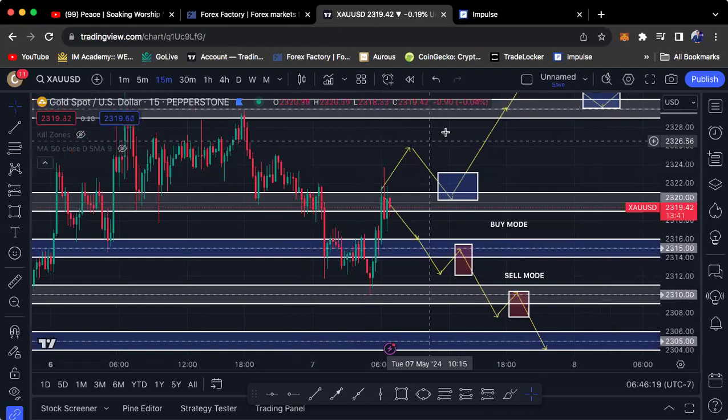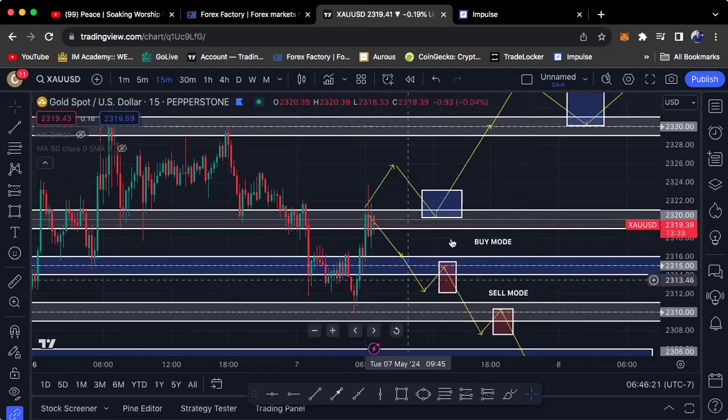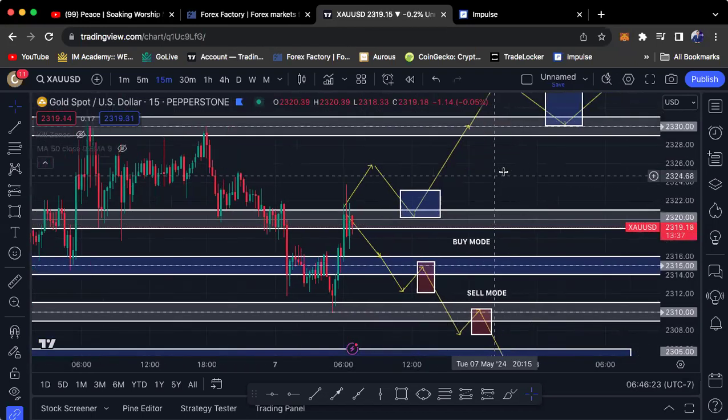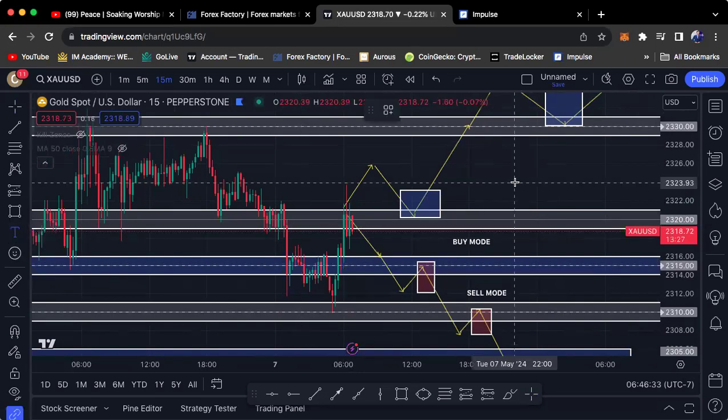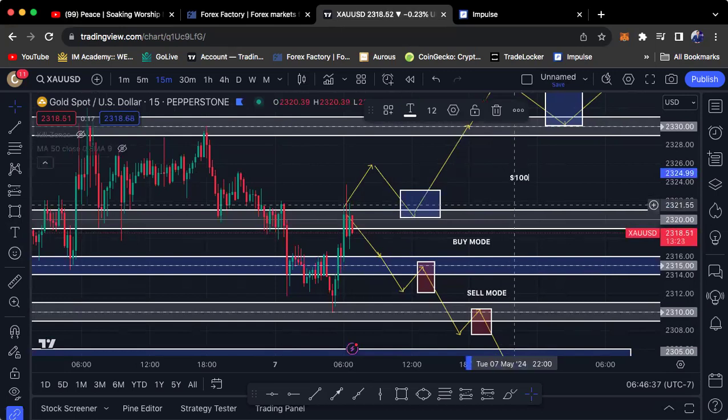So calculating the lot size is pretty much taking the account balance times your risk percentage, right? So if you have an account of $100, times that, I only risk 1 or 2% of my account.